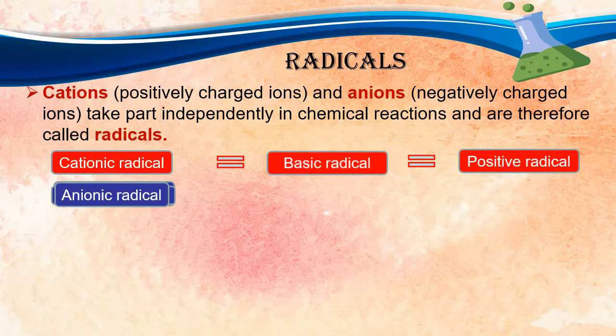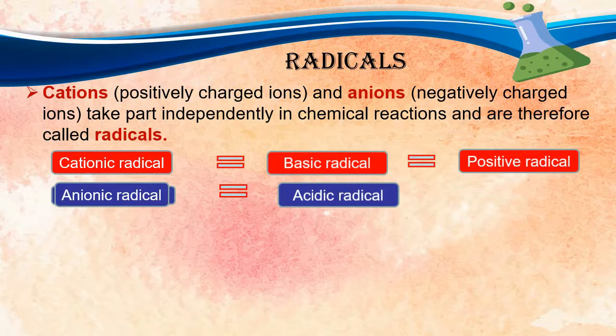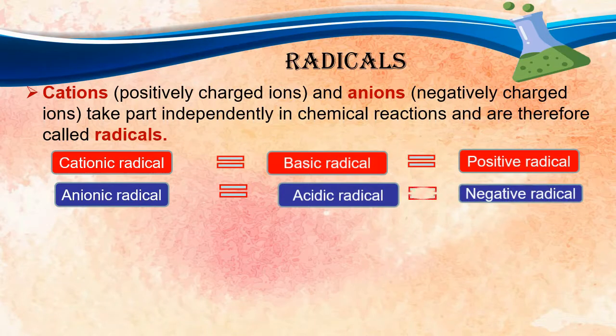Anionic radicals are also called acidic radicals or negative radicals as they have a negative charge. Let us see some examples.